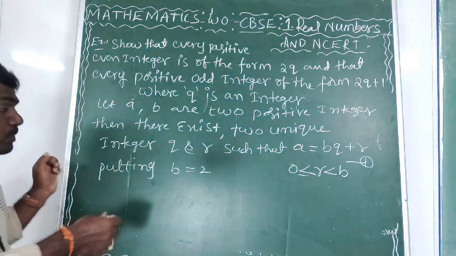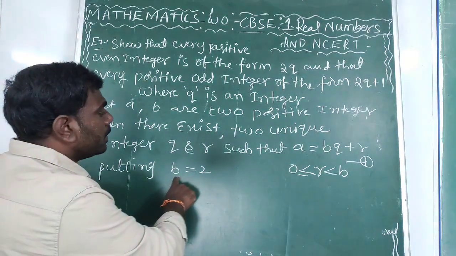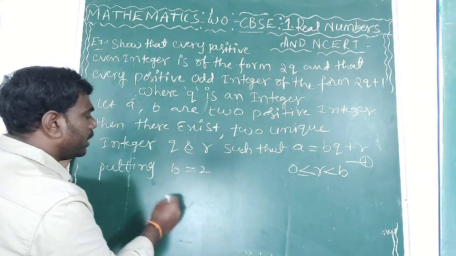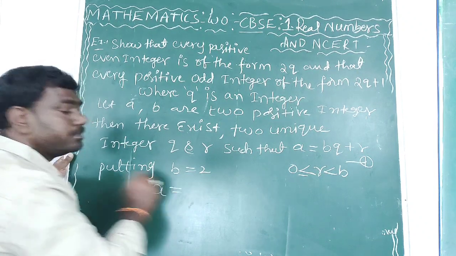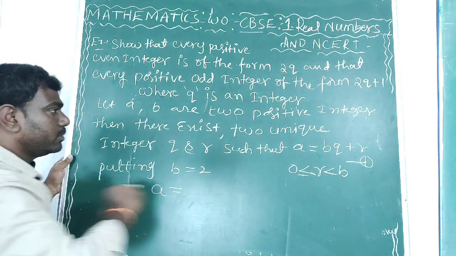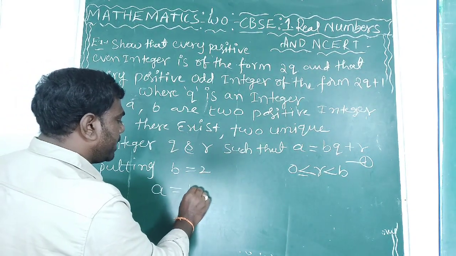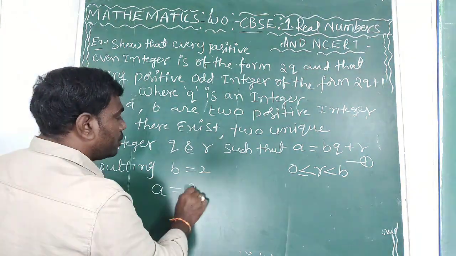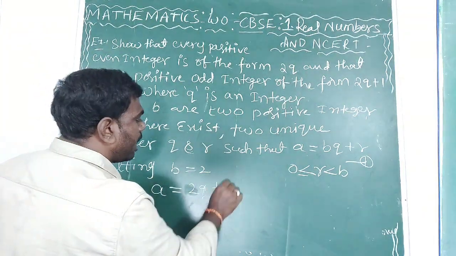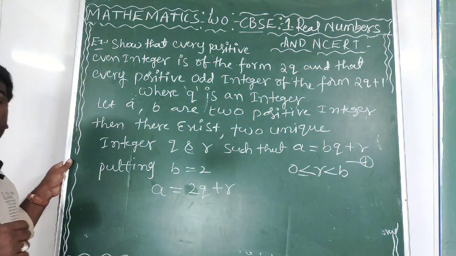How to get it? See here. If I substitute, what are we going to get? A is equal to b times q plus r, with b being 2, so a equals 2q plus r.